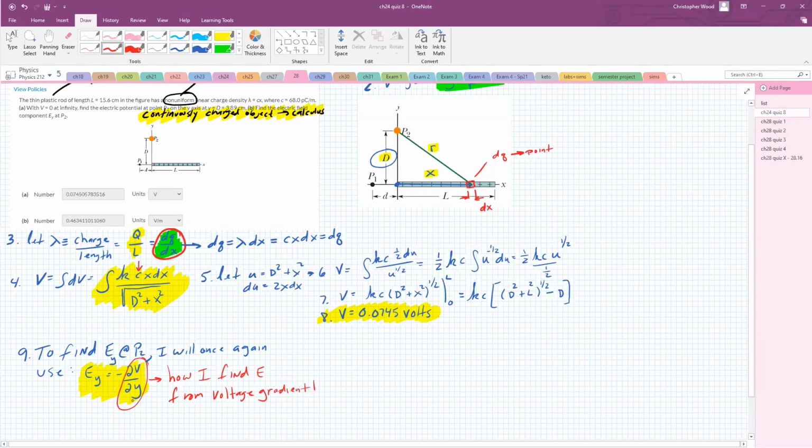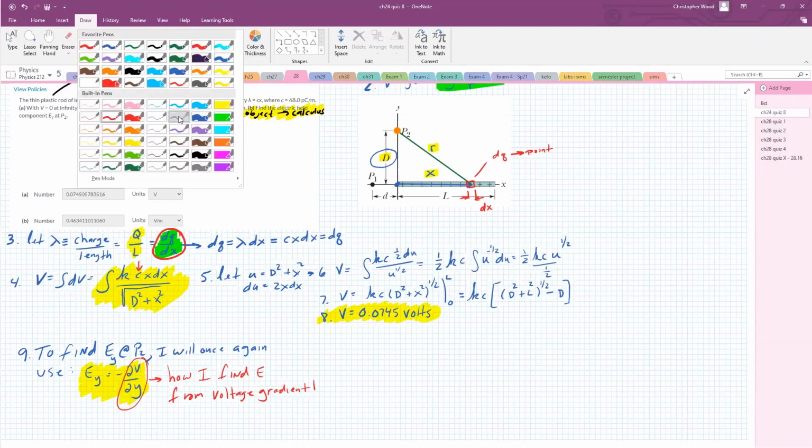So it's just a fancy term. Voltage gradient is change in voltage over change in Y. I've seen this many times before, and this is the tree I'm going to bark up, because all I need to do is take the partial derivative. All I need to do is take dV dY, and I have V here. However, there's a little bit of prep I need to go into this.